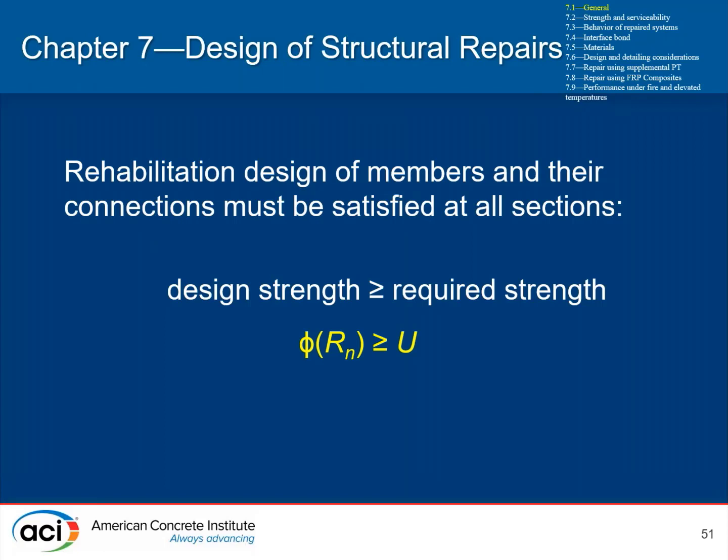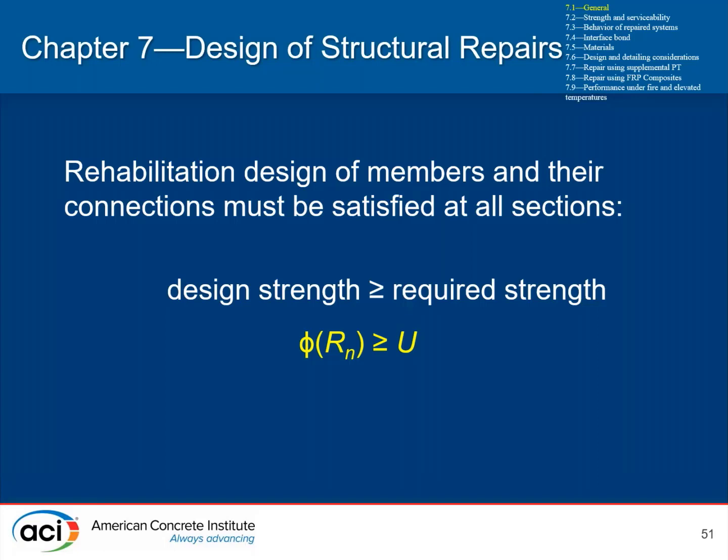The primary and principal function, and this was discussed in the previous parts, is no different than any other design approach that is a part of ACI 318 or other codes. And the primary condition is that the design strength, or the factored resistance, has to be greater than the factored loads on the structure.